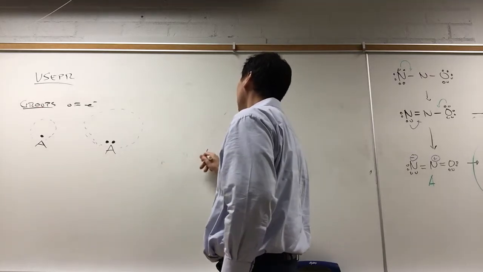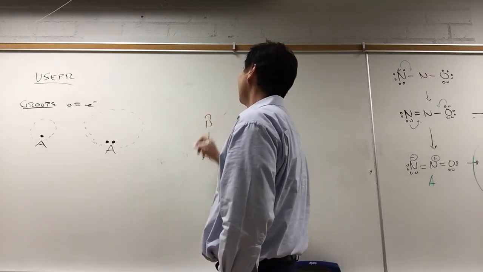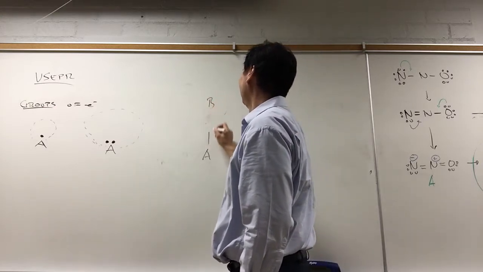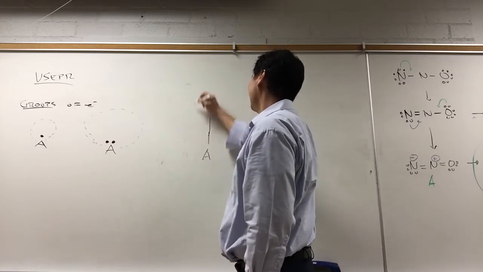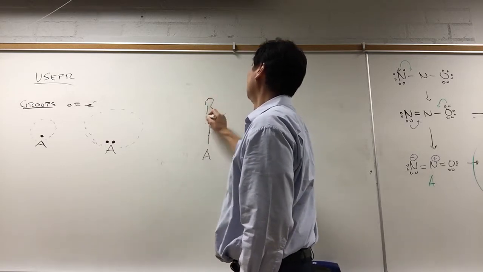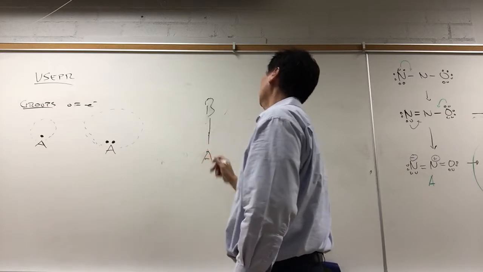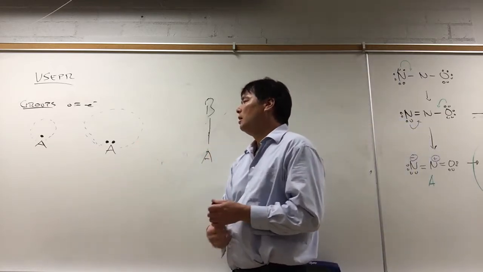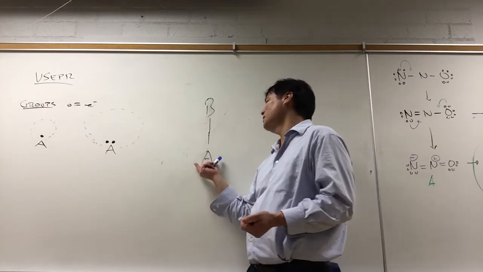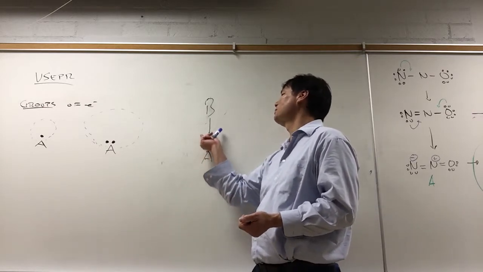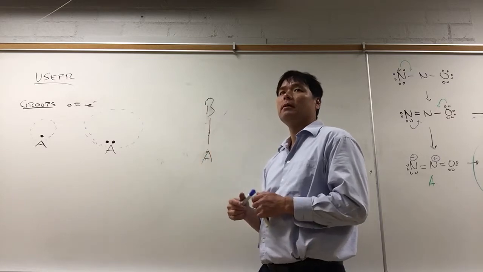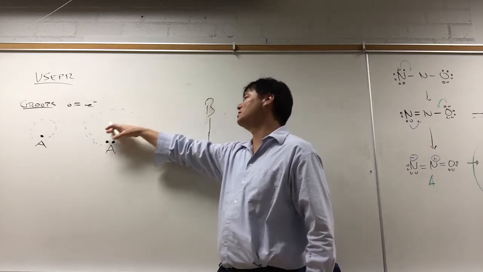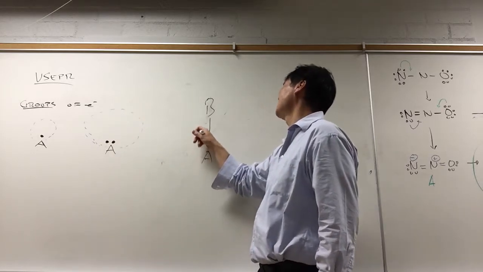Then we have a single bond, let's say to B here. Does a single bond take up more space or less space? It turns out it takes up less space on atom A because some of the electron cloud is being pulled towards atom B. Atom B is sucking some electron density, so all the electron density isn't concentrated on A, and it ends up taking less space.